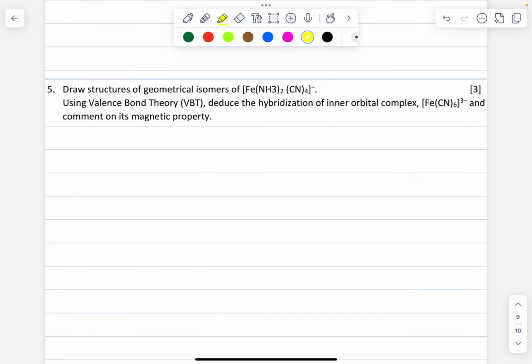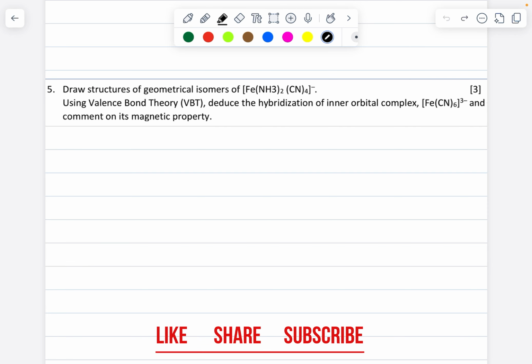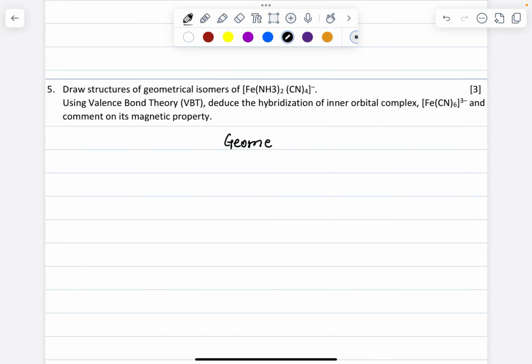Draw the structure of geometrical isomer of [Fe(NH3)2(CN)4] 2 minus. When we say geometrical isomer, we are talking about the cis or the trans isomer.